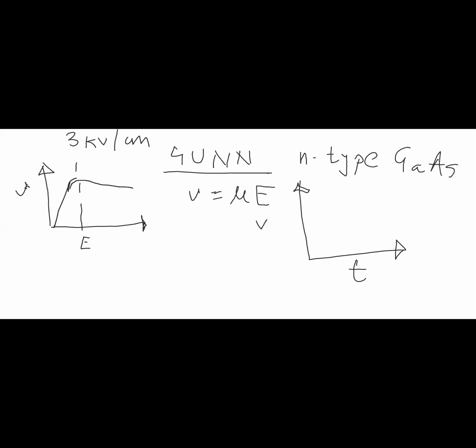A pulse of certain duration was applied to the N-type gallium arsenide sample. On the output side the same pulse should appear, but he observed that the pulse contains fluctuation like this. It's not a straight pulse.